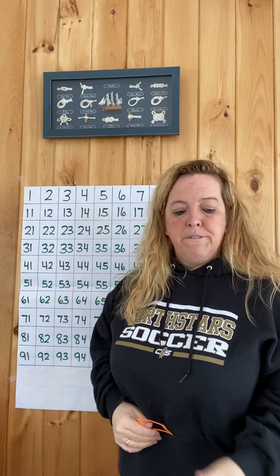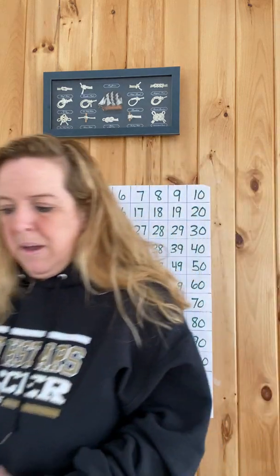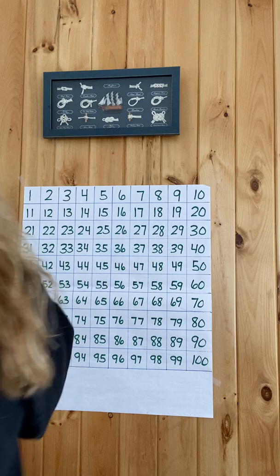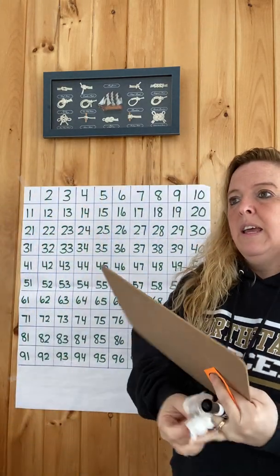So now our first problem, let me get my marker on the whiteboard. The first one that we're going to look up, and you can use the hundredths chart in your practice book. There's one in there, or if mom and dad are able to find one on the computer for you.